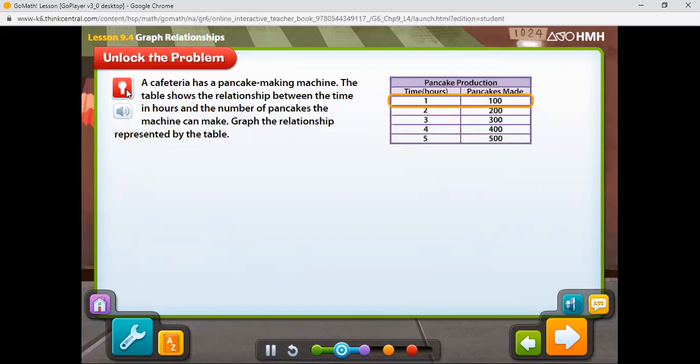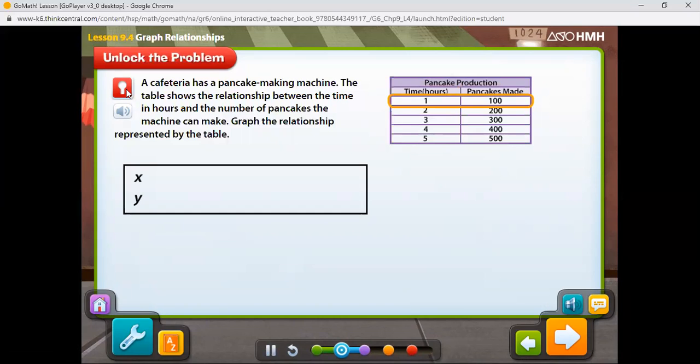Each row in the table can be used as a pair of coordinates for a point on a graph. In order to graph the relationship, use each row of the table to write an ordered pair, XY, where X is the input and Y is the output. Let X represent the time in hours and Y represent the number of pancakes made.